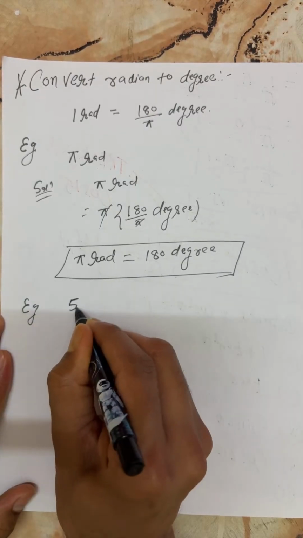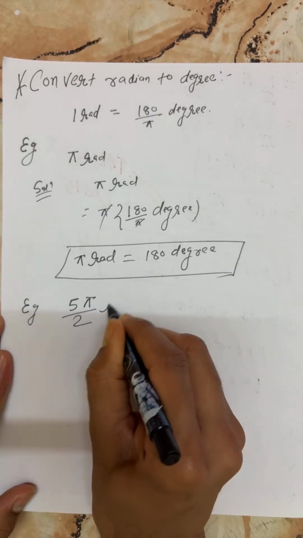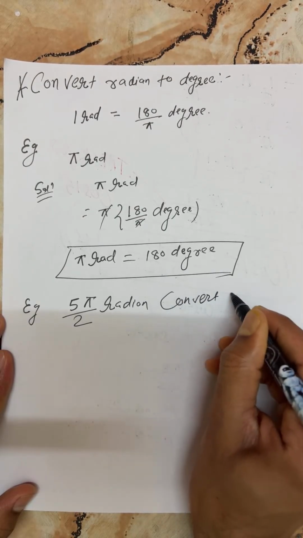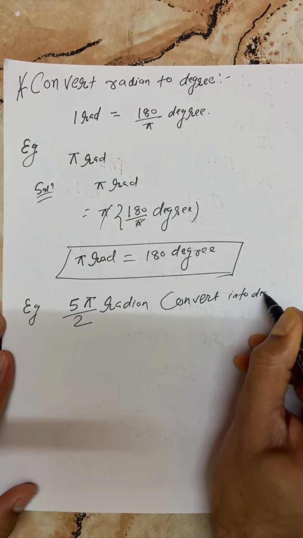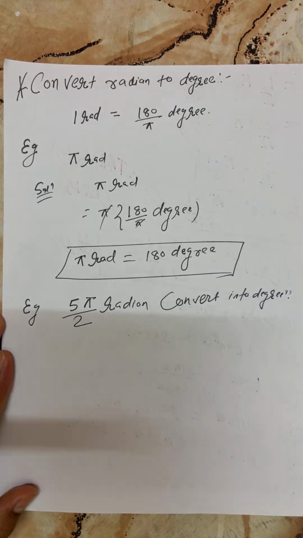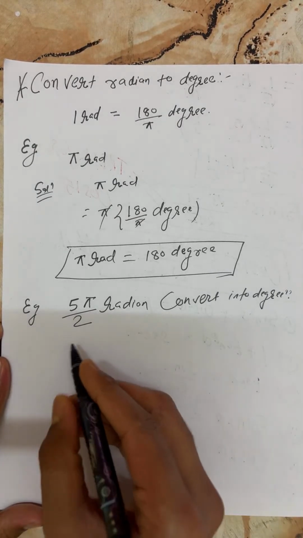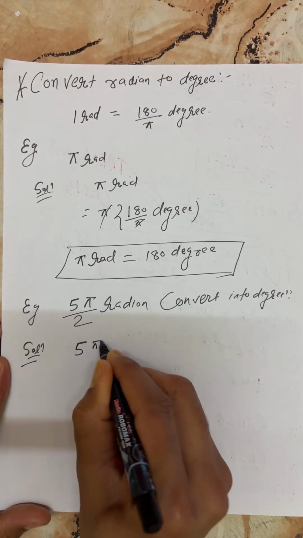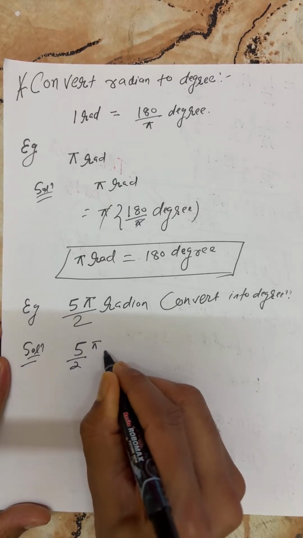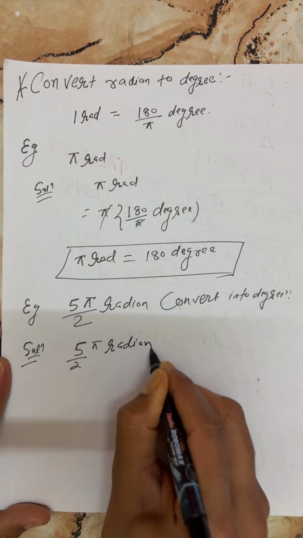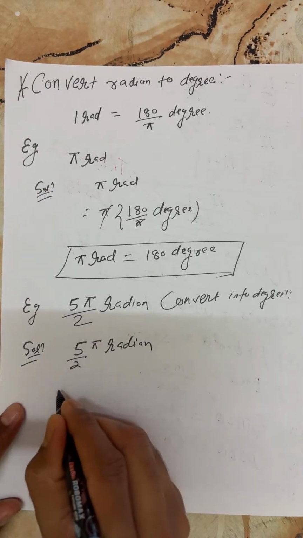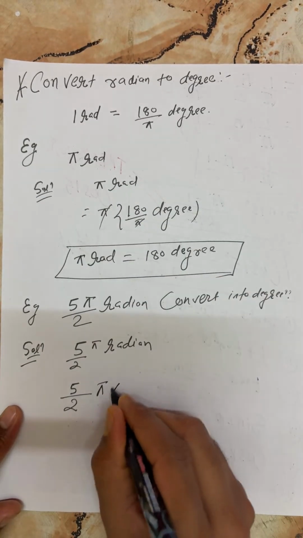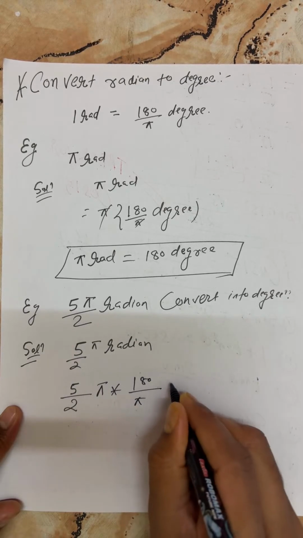Have a look at the next example. Let us suppose you are given 5 pi by 2 radian, convert into degree. How will you do it? First, write the question: 5 pi by 2 radian. For 1 radian you can use the formula which I already gave you: 180 by pi.